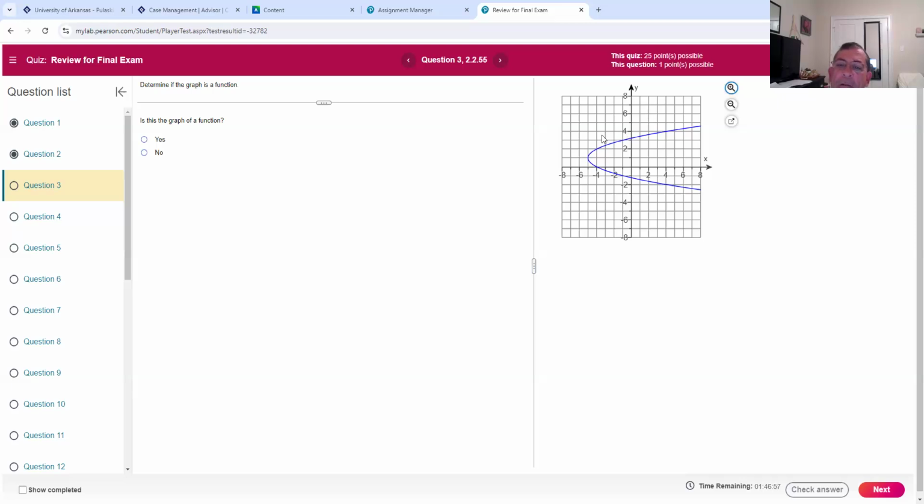Well, y'all, no matter where I run these vertical lines coming down through here, it'll intersect the top and the bottom of that graph. So since it intersects the graph more than once, this is not a function. So y'all, if y'all's graph is sideways like mine, you got to put no on that, okay?